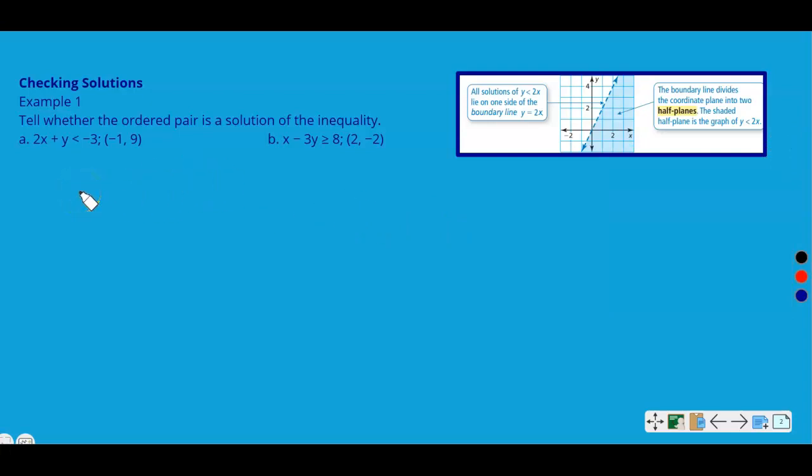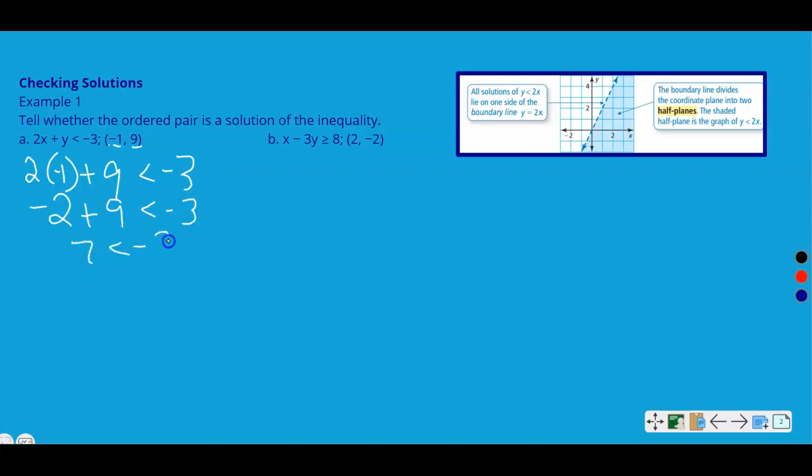So we have 2 times x. X in this case is -1, and then plus y, y is 9. And we want to know if that's less than -3. So 2 times -1 is -2. -2 plus 9 is 7.